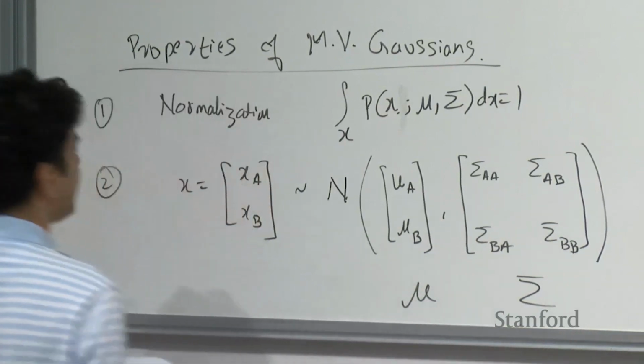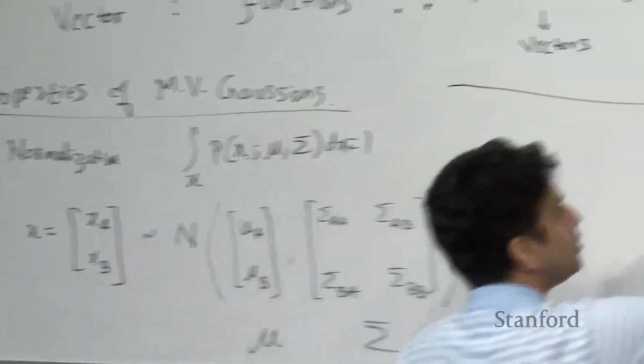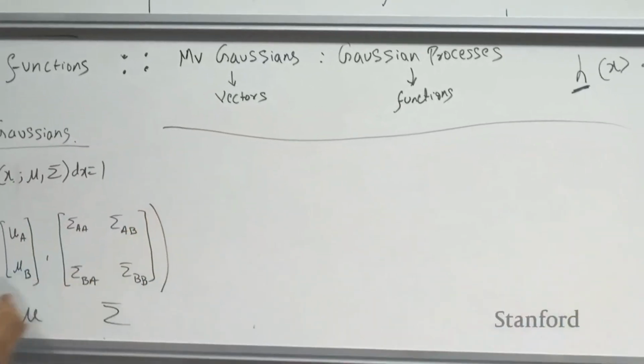With this, we have the second property of marginalization.